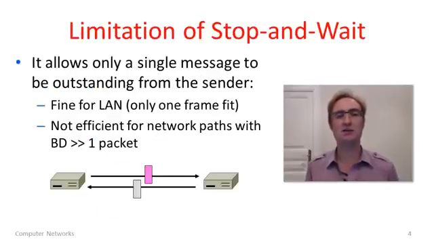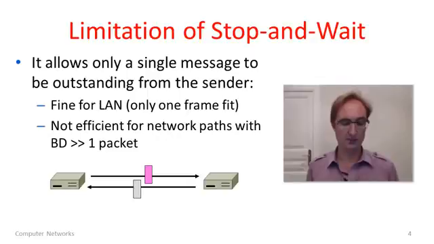There's a big limitation of stop and wait, however, and that's the fact that only one frame can be outstanding in the network at any time. Now, this is fine if we're talking about a local area network, because the propagation delay over a local area network is usually small enough that sending a single packet fills that network.